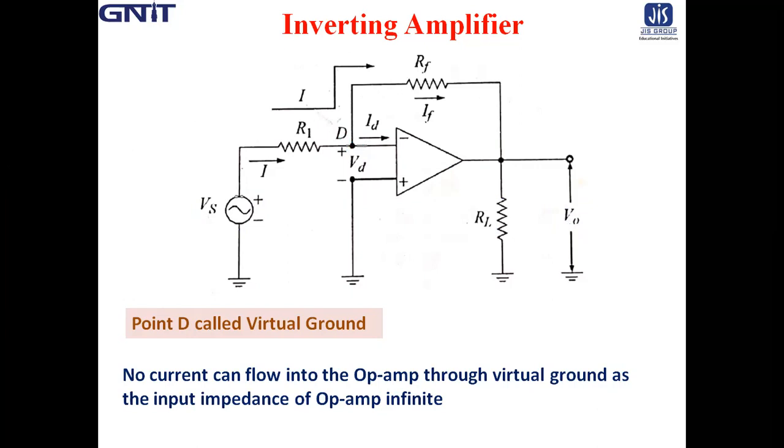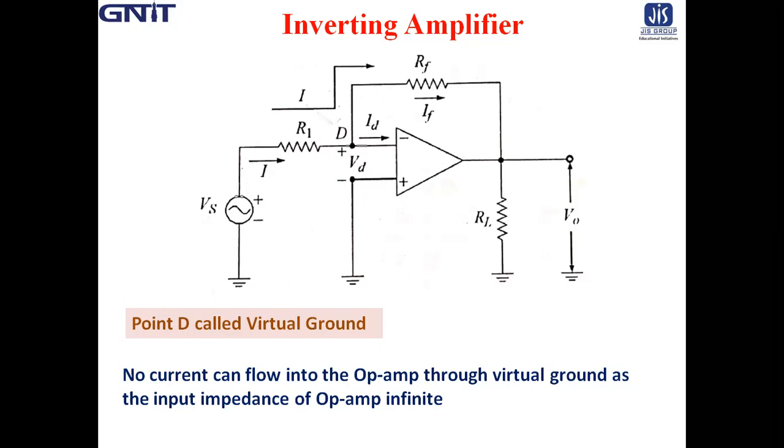Now the question is, what is the difference between actual ground and virtual ground? When a terminal is actually grounded, any amount of current can flow to ground through the terminal, say the non-inverting input terminal. Thus, actual ground serves as a sink node for infinite current.